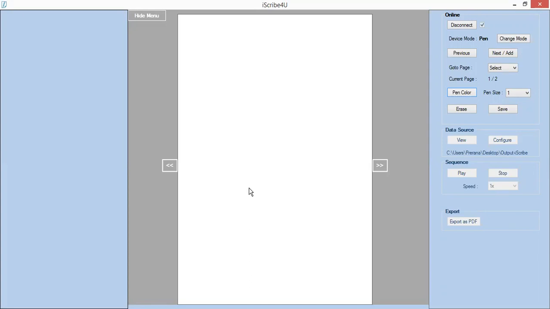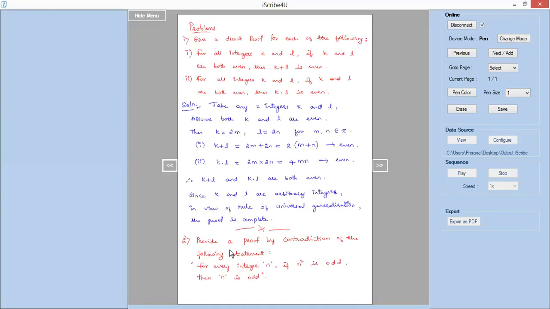Solution. We have a proof by contradiction to do. So let us assume P is n square is odd, and let us assume Q as n is odd, right?